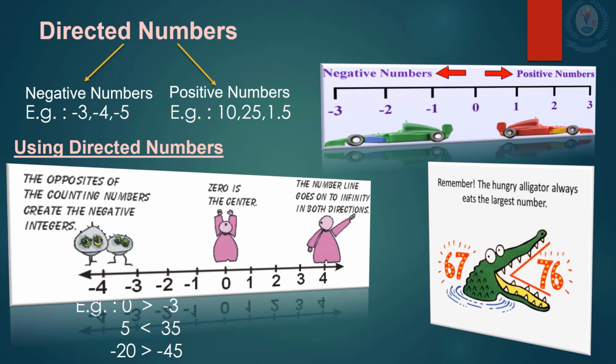These positive and negative numbers are together known as directed numbers. Directed numbers are not necessarily whole numbers. For example, 1.2 kilometers or else minus 3.5.